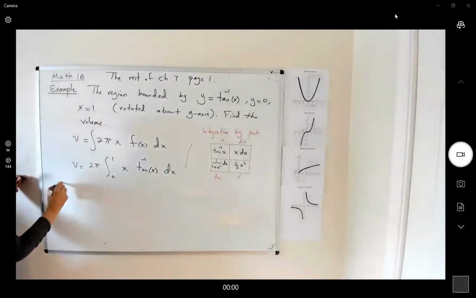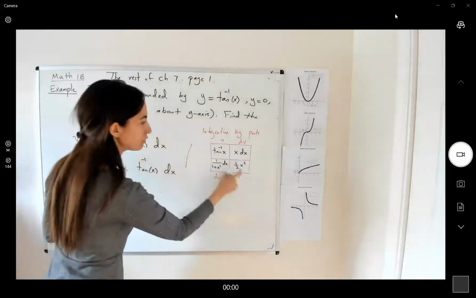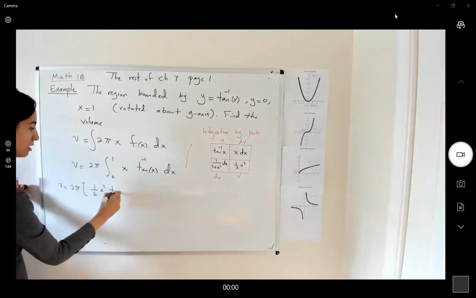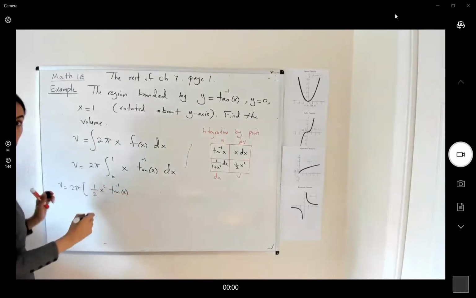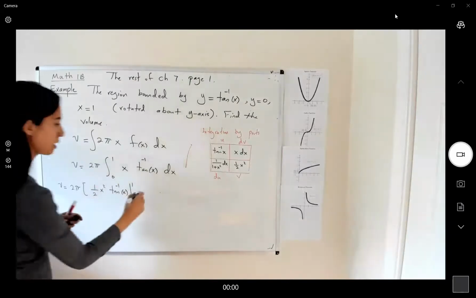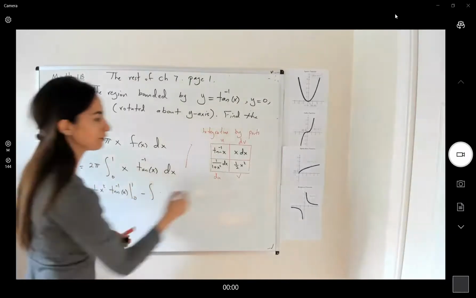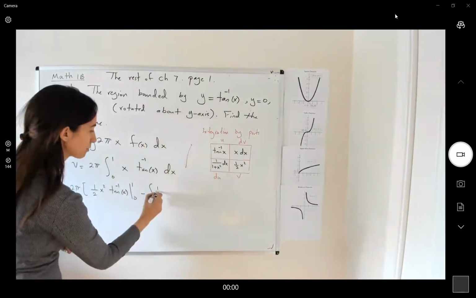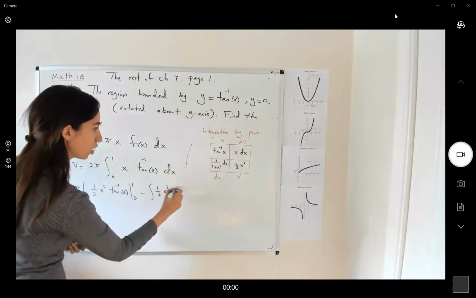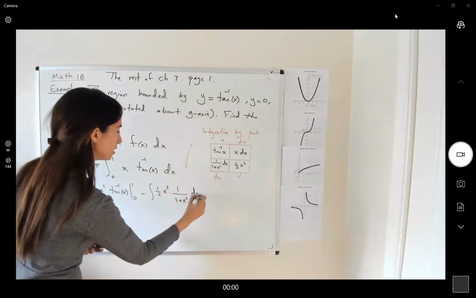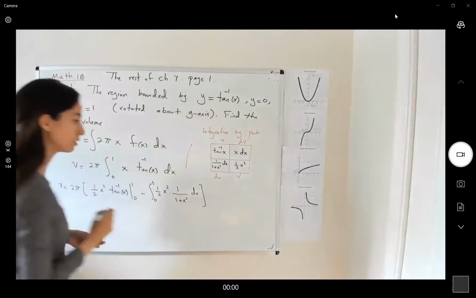So V for the volume is equal to 2 pi times uv, a half x squared inverse tangent, evaluated from 0 to 1, minus the integral of v du. Perfect. I have a half x squared times 1 over 1 plus x squared dx, from 0 to 1.